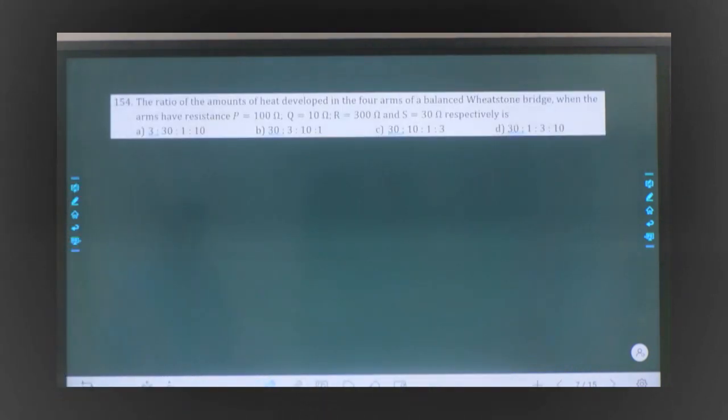Find the ratio of amount of heat developed in 4 arms of a Wheatstone bridge, when arms have resistance 100, 10, 300 and 30 respectively.